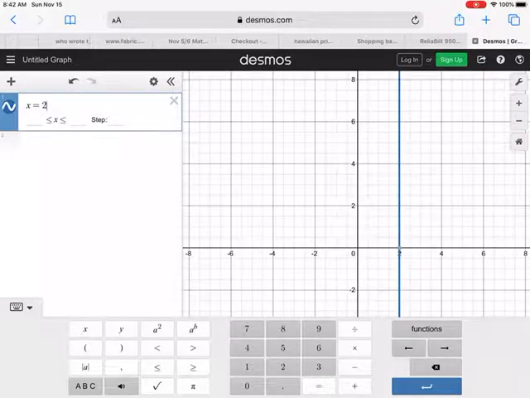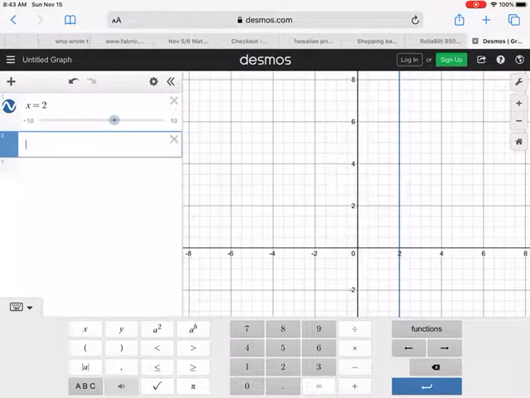As long as you know that it's going to be either a vertical or a horizontal line, if it says x equals 2, then you just need to draw a line that goes through x equals 2. And the only way you can draw a line that goes through x equals 2, which is on the x-axis, is to draw a vertical line. If you drew a horizontal line, it could go through x equals 2, but a whole bunch of other x values too, and you only want it to go through x equals 2.